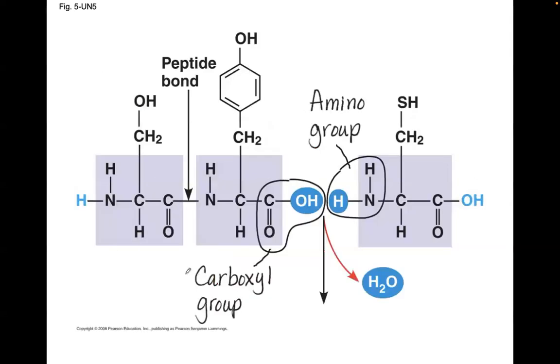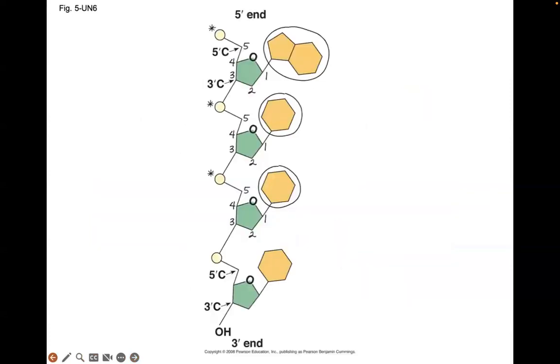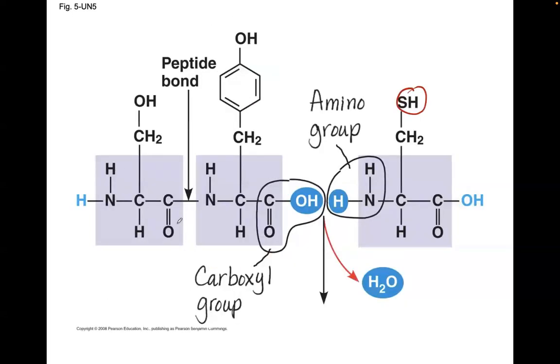Now the second one: you've got the carboxyl group here, and you've got the amino group, and you've got the sulfur. There's a peptide bond joining one amino acid with another one.